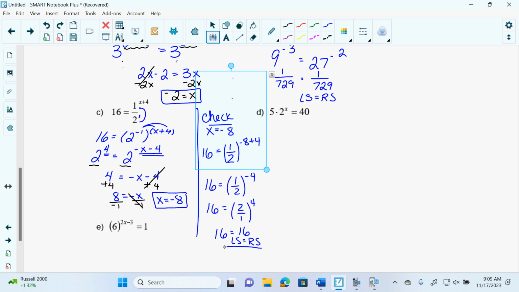You learned you could do that in grade 4, so you're allowed to divide 40 by 5. That is a true mathematical thing. So I get 2x equals 8. Now can I make them be the same base? Yes. 2x equals 2 cubed. And then x must equal 3.